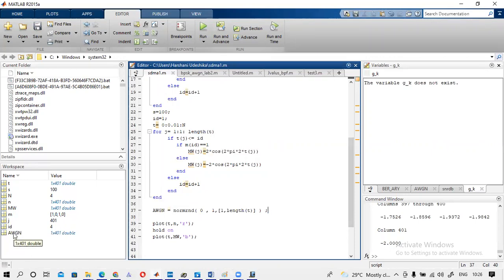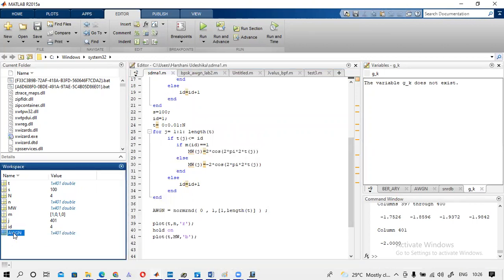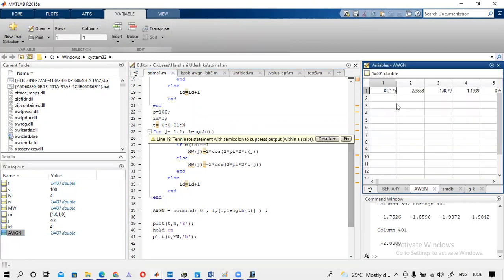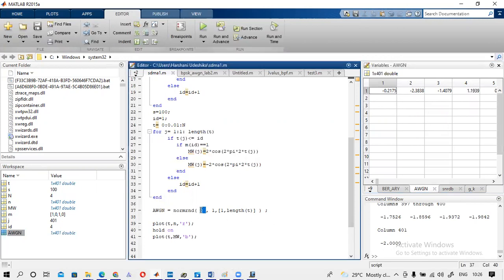So this is the Gaussian noise. You have generated Gaussian random numbers with zero mean and standard deviation 1, sigma 1. This one refers to the power, so that is very important.